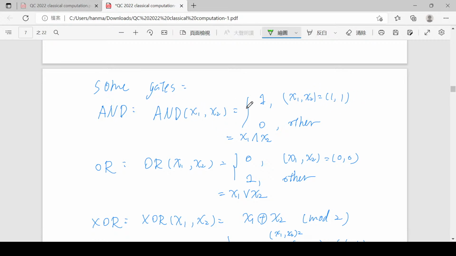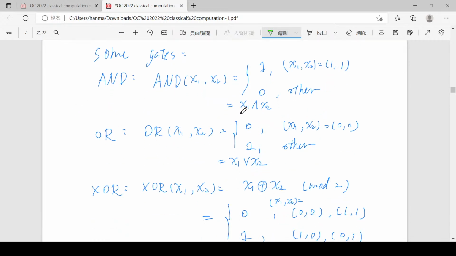So it is logical AND. So one of the possible inputs will give you 1, and all 3 other possible inputs will give you 0. And in terms of logical notation, we'll say this is x1, and this sign is the AND, and x2. This symbol is AND.